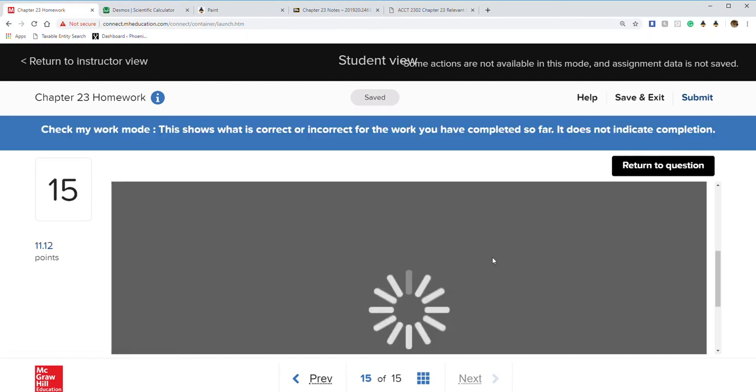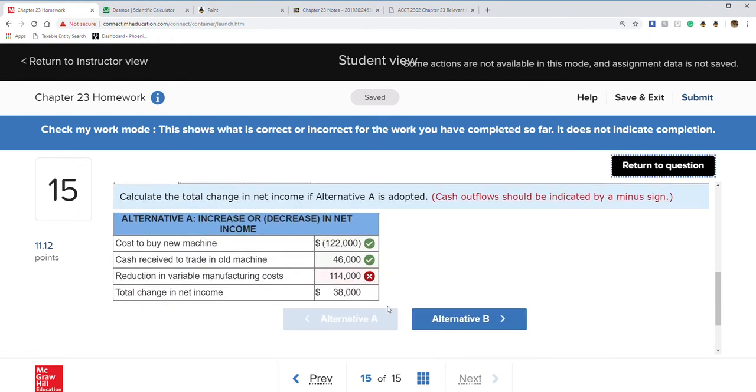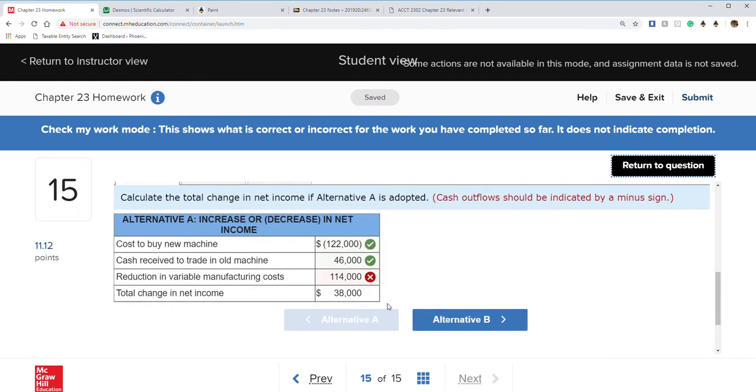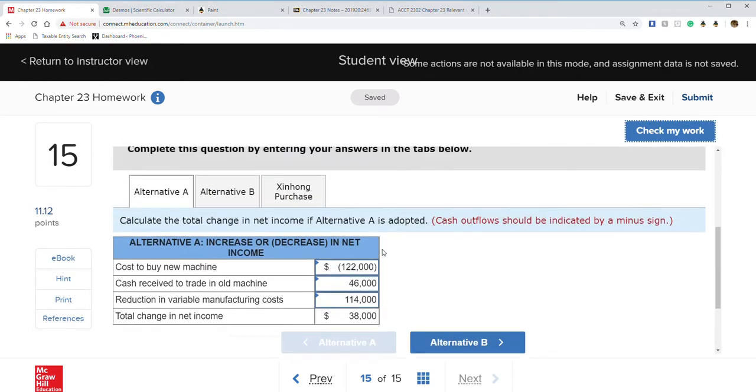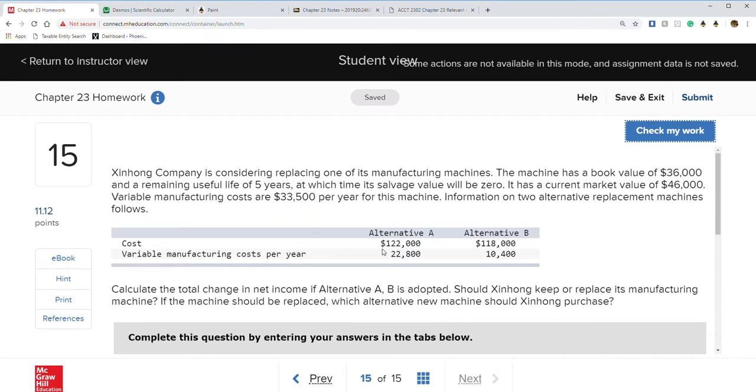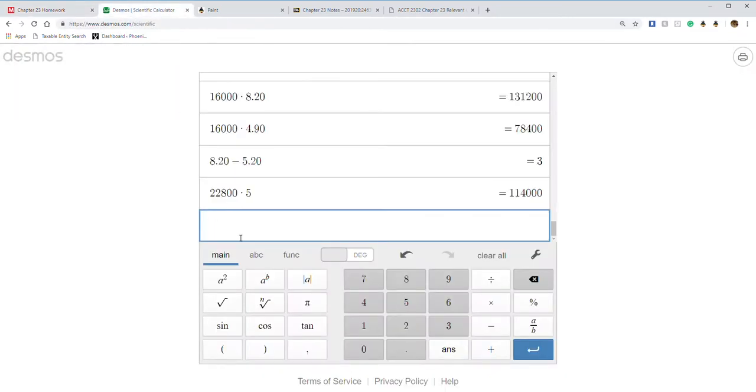Okay, let's check, make sure everything's correct. And they didn't like that. So it was 5 years. So let's see how they're going to do this. Connect's trying to do it a different way than what we did before. So let's take the 33,500 times 5.